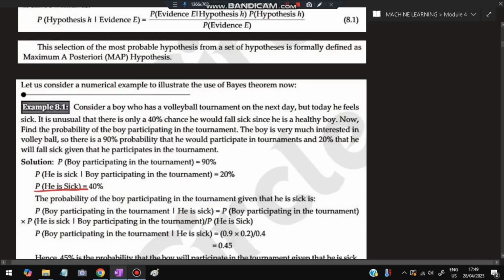Next is to find the probability of the boy participating in the tournament. The boy is very much interested in volleyball, so there is a 90% probability that he would participate in the tournament and 20% that he would fall sick. So the boy participating in the tournament is 90%, him falling sick is 40%, and the probability that he is sick given that he is participating in the tournament is 20%.